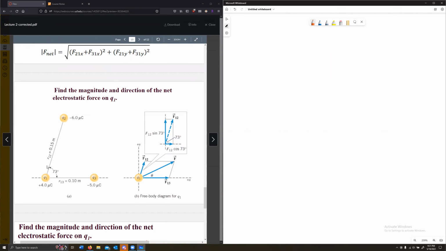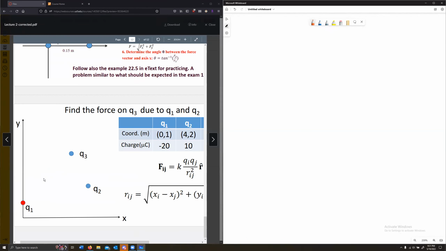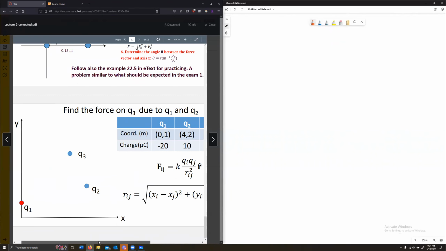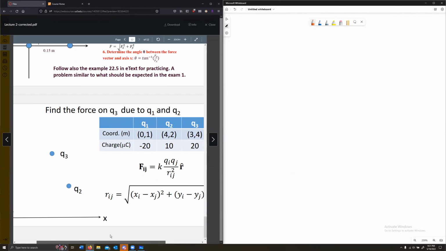I can solve this one right here if you guys would like. It seems like finding the magnitude and direction of the net electrostatic force on Q1 is pretty similar to this one, just that this one is a little bit more specific in terms of its coordinate system.